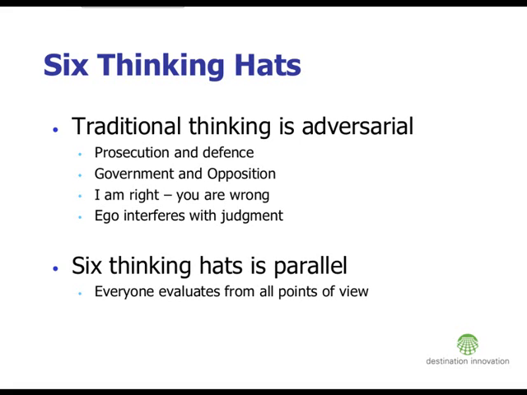And you review a proposition from different points of view whilst wearing one of 6 hats. And the hat you wear determines your thinking style at that time. And it's a very simple system. So let's just quickly go through the hats and explain what they are.